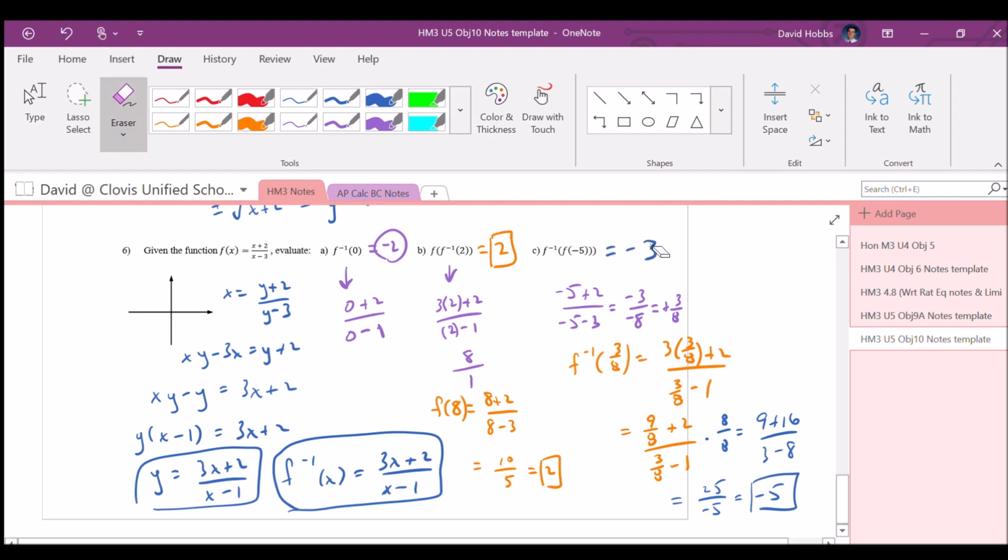I said negative 5 and my hand didn't cooperate. Negative 5. Okay, so f inverse of f of negative 5: I started at negative 5, I ended at negative 5. Why is that happening? That's something you guys are going to have to think about.